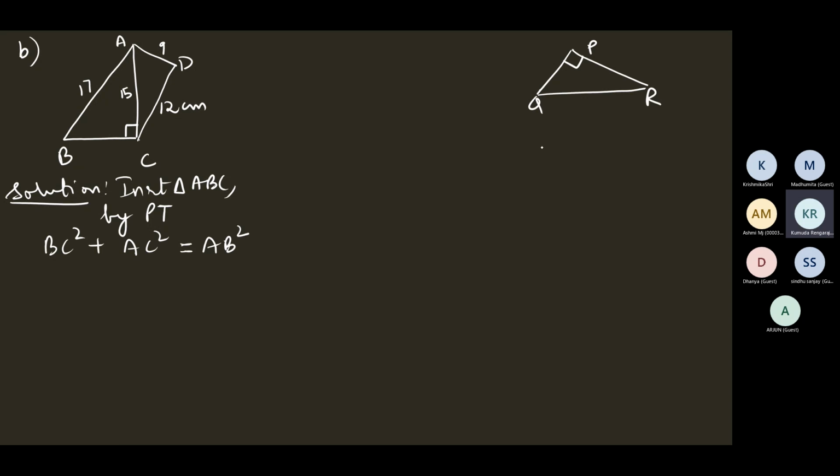Now tell me for this triangle, how will you apply Pythagoras theorem in this triangle? Which is the hypotenuse? QP, ma'am. Which is the side opposite to the right angle? PQ. No, this is the right angle. Which is the side opposite to the right angle?